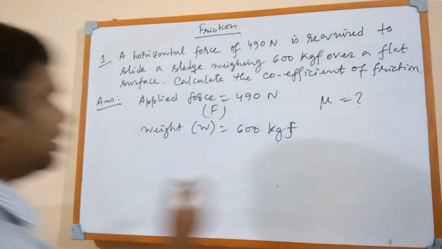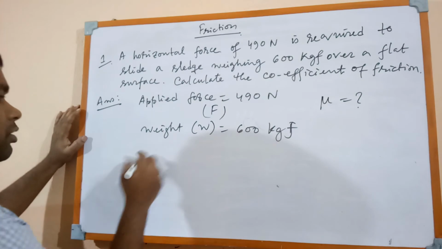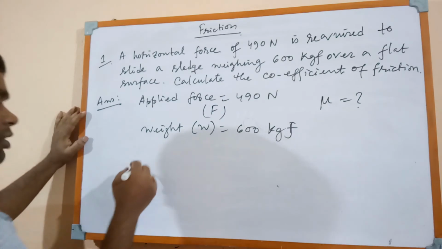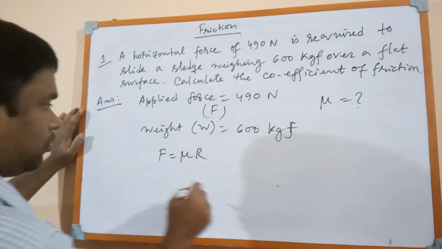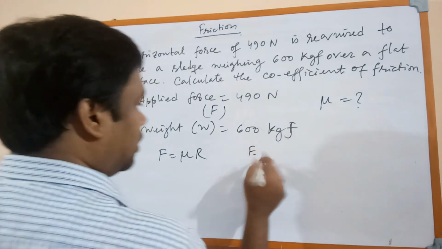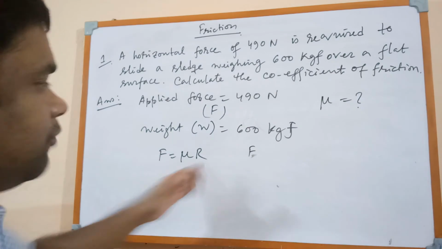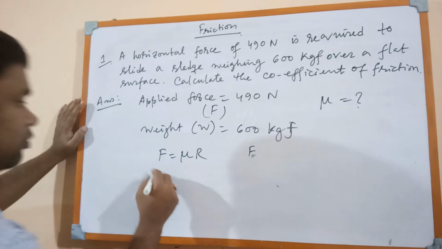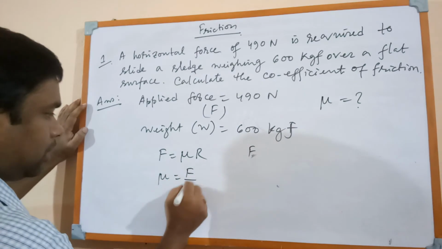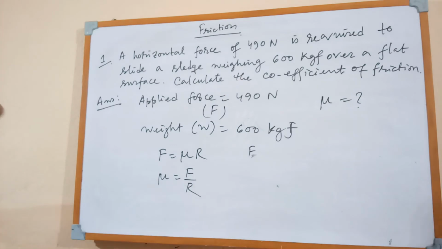The formula for calculating the coefficient of friction, which I have discussed earlier, is F equal to mu into R, where F is the frictional force, mu is the coefficient of friction, and R is the normal reaction. So mu equal to F by R, the ratio of the frictional force and the normal reaction.